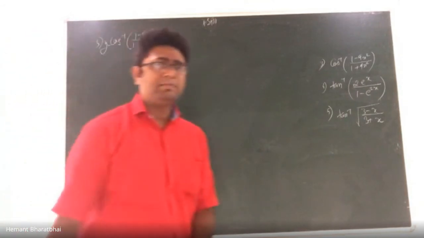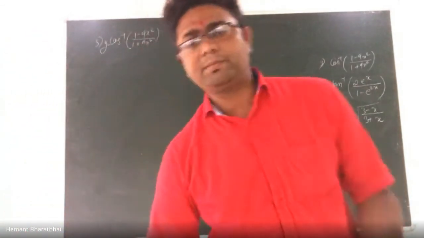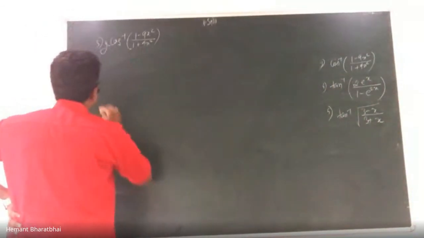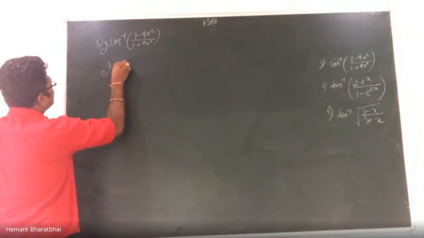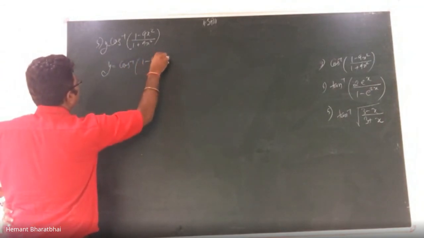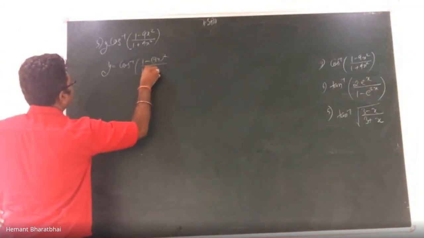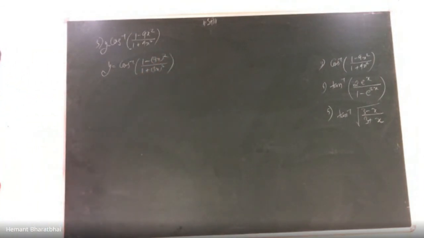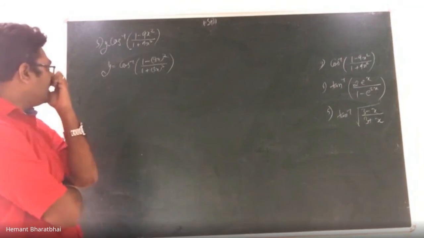Again, if I directly apply the derivative, I will be in a very big problem. So again, we have to think something over here. We can write y is equal to cos inverse of 1 minus 3x the whole square upon 1 plus 3x the whole square.